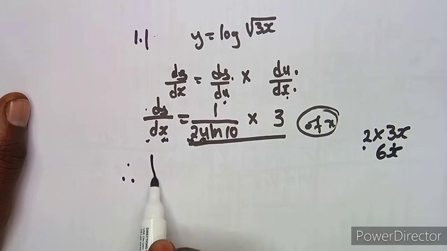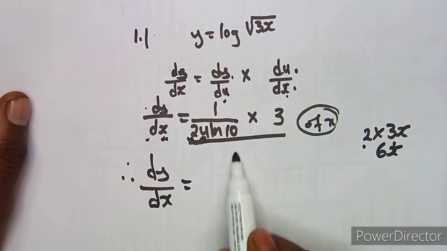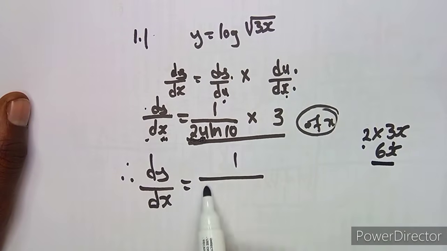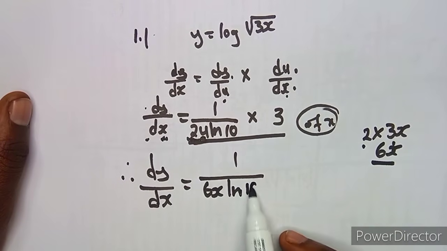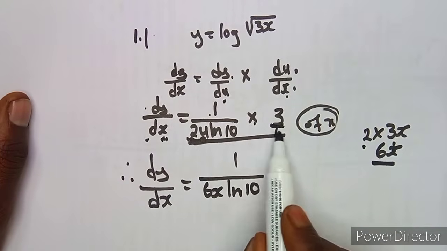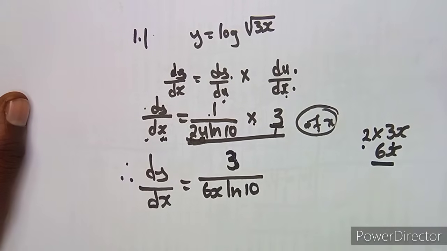So therefore, dy/dx in this case is going to be 1 over that 2u, which now is 6x. So it's going to be 6x ln 10. Here we can also multiply 3 times 1, because this 1 is the same as 3 over 1. So 3 times 1, that's 3. You can combine instead of writing it aside.